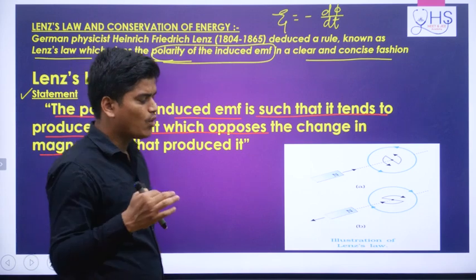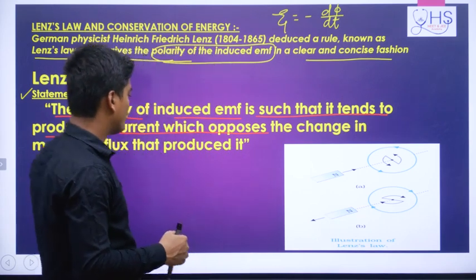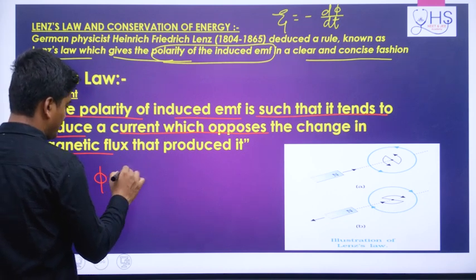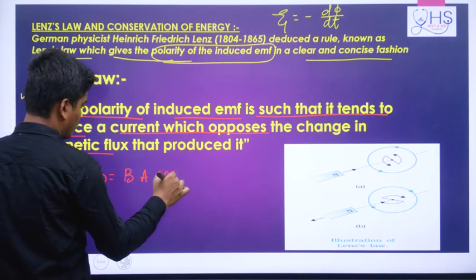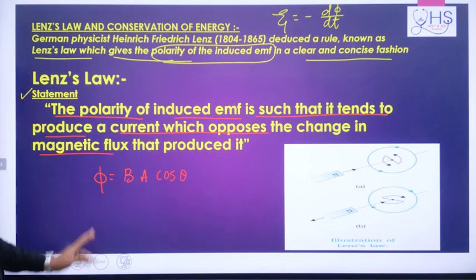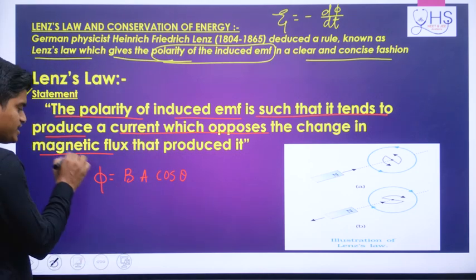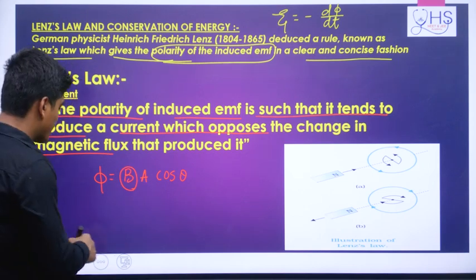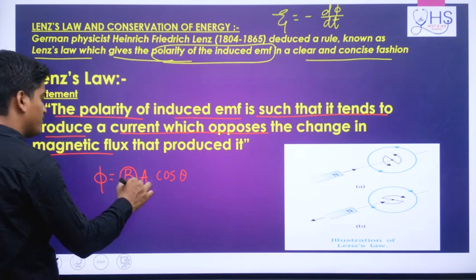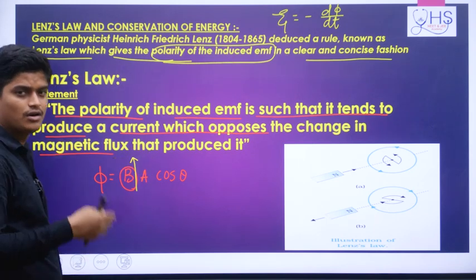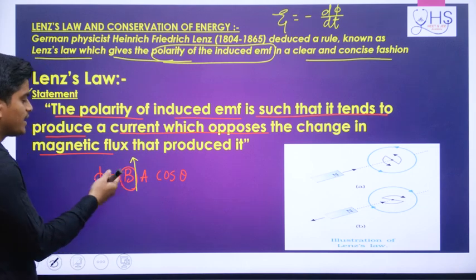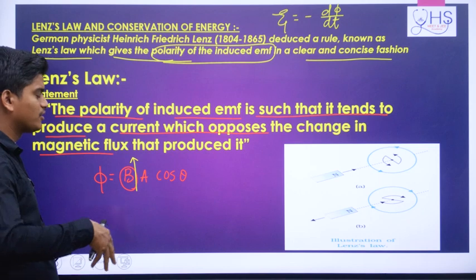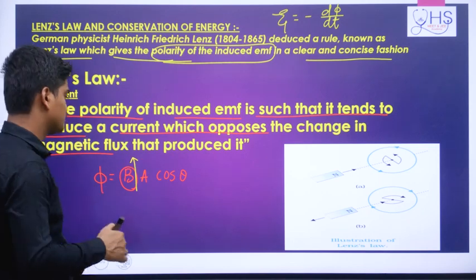So what exactly is it telling? Suppose flux is BA cos theta. Now this flux is changing, suppose due to the magnetic field. Suppose the magnetic field is increasing with time, or by any method you are increasing it. The magnetic field is not constant.